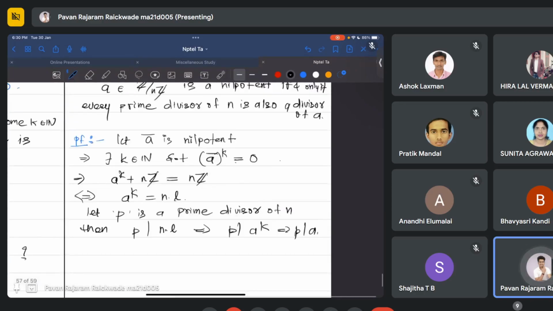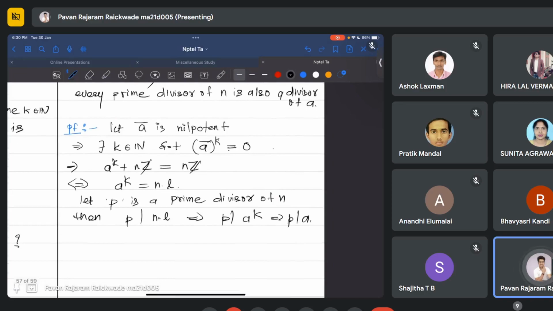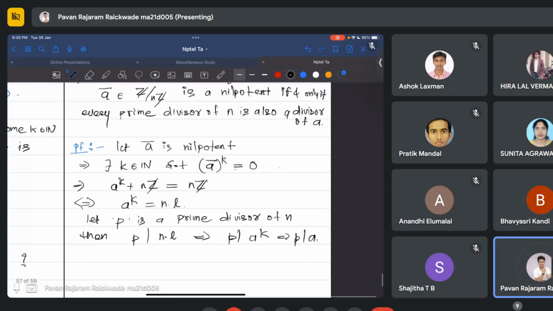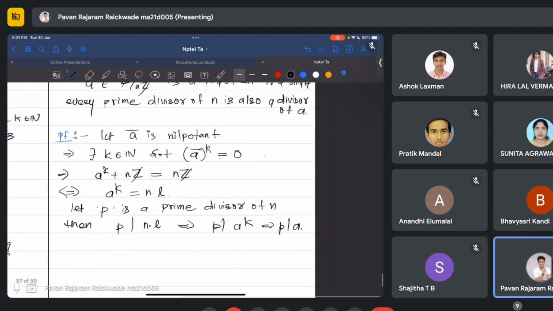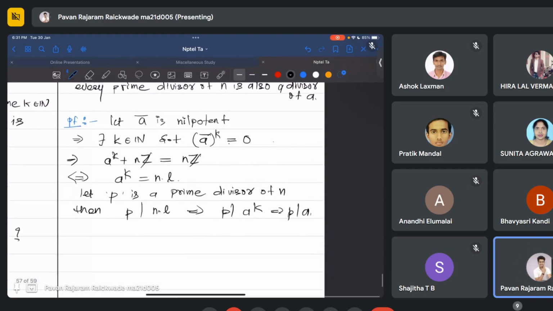So you're done. You take any prime number which is a divisor of n, you get p is a divisor of a also. So you have proved one side. If a bar is a nilpotent element, then every prime divisor of n is also a divisor of a. Now let's go the other way around.